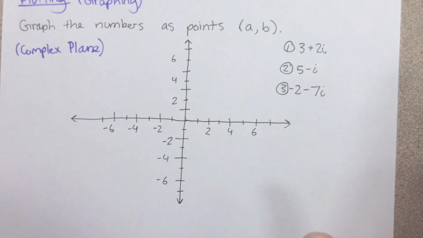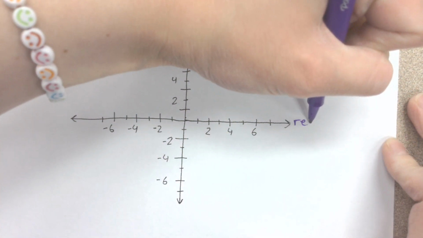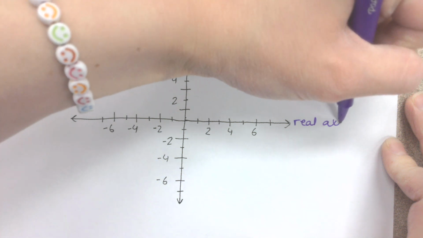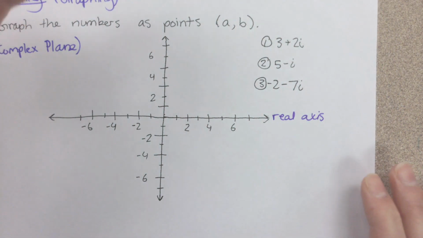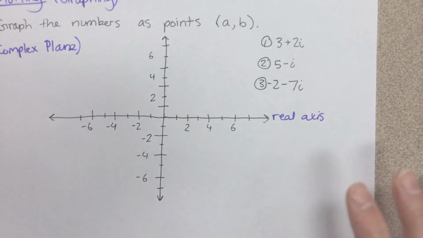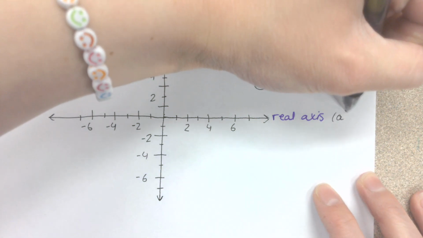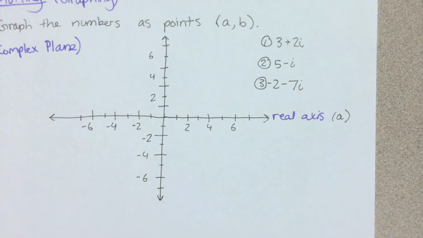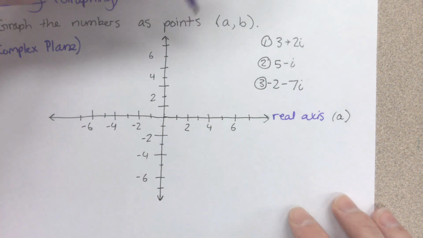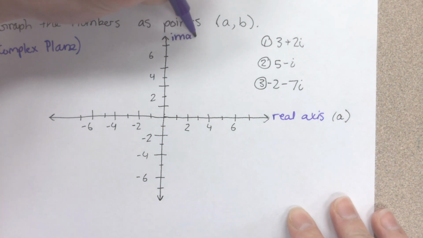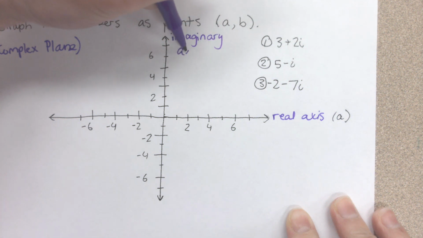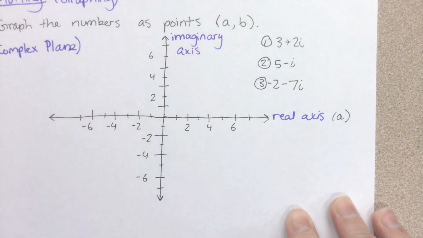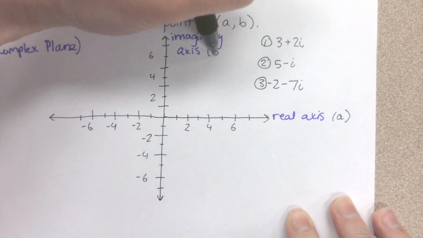We'll start with the x-axis. This is referred to as the real axis, and that's where you plot the a value. And then the other axis is the imaginary axis, and that's, of course, where you plot bi.